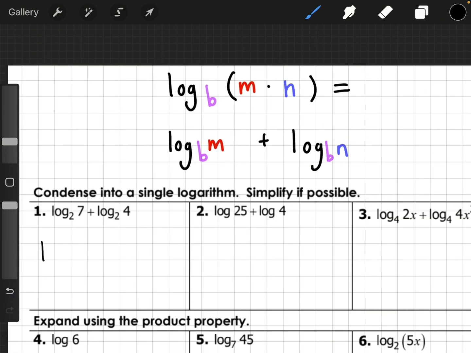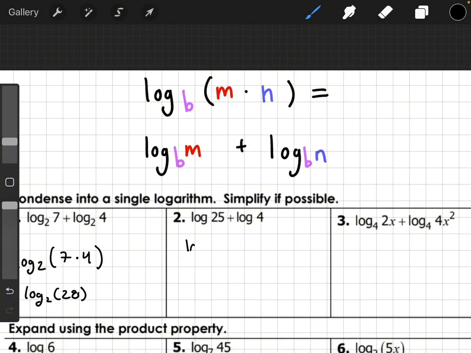So we have log base 2 of 7 plus log base 2 of 4. That's log base 2 of 7 times 4. 7 times 4 is 28, so log base 2 of 28. Next, log base 10 of 25 plus log base 10 of 4 equals log base 10 of 100.